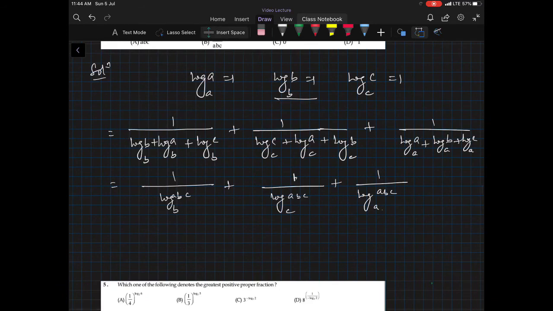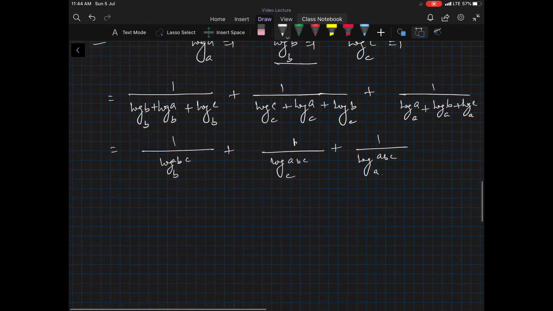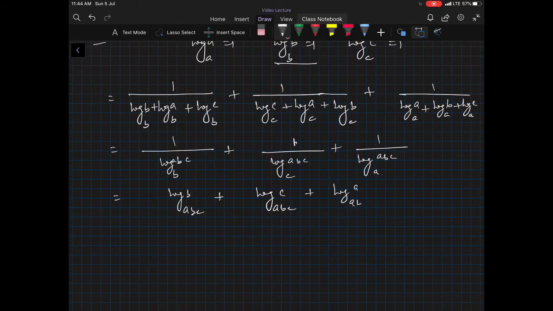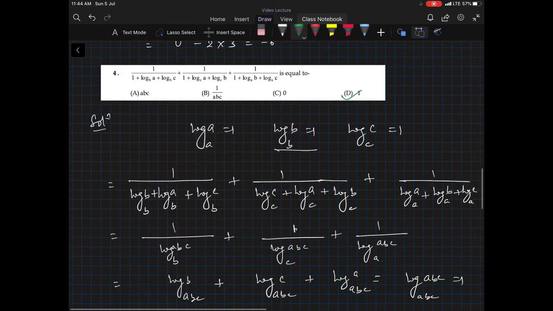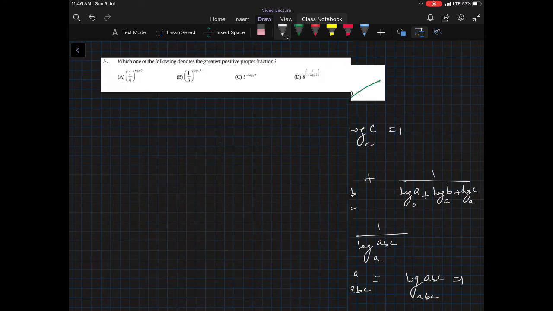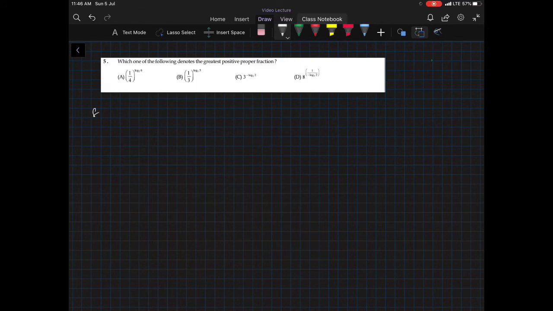So here, if you use the change of base formula, you will get log b base abc plus log c base abc plus log a base abc, and that is nothing but log abc base abc, which is equal to 1. So the answer is 1. So we can write the answer directly as 1. D is the correct option.